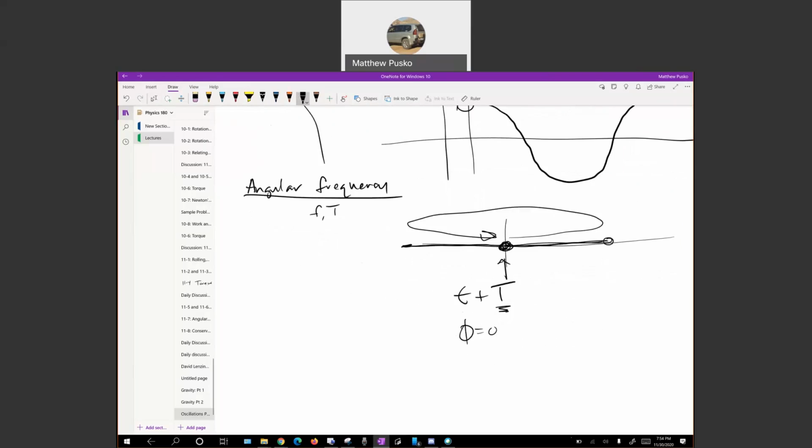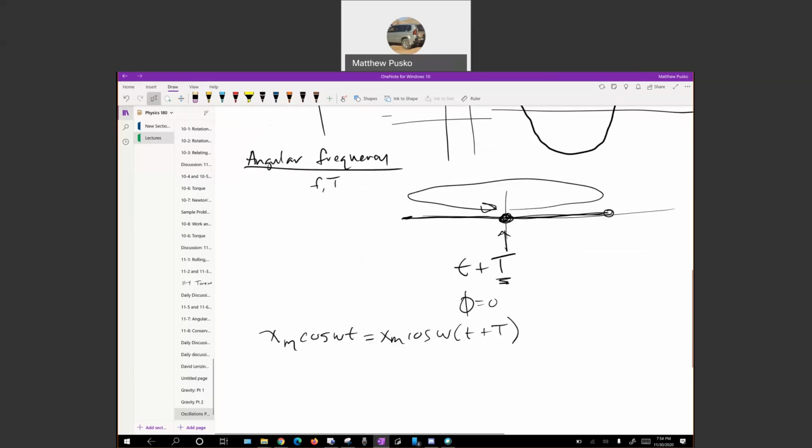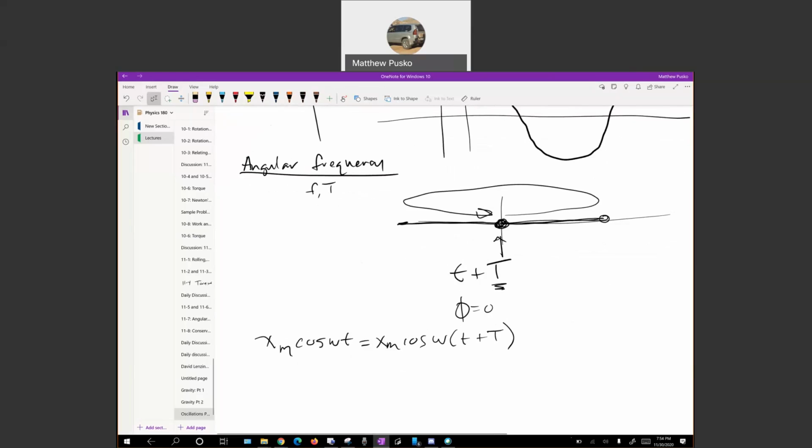We'll take that position formula I just gave you, and then set it equal to it at some later time, some t plus T. Since it repeats itself, the phase increases by 2 pi radians.